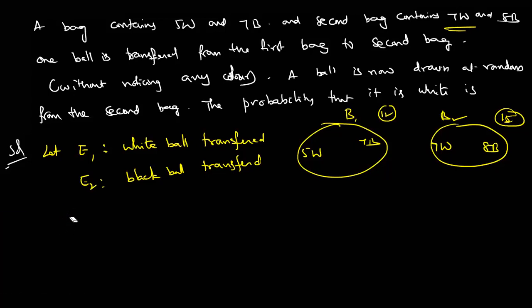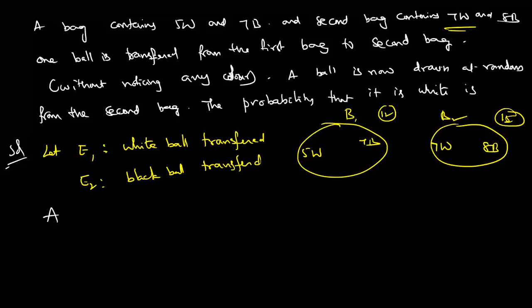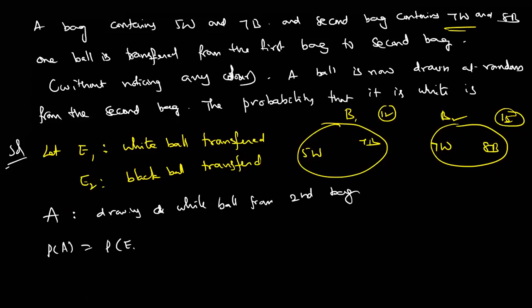Generally taking E, A. A represents what is the case here? Drawing a white ball from second bag. That is the question. See, they are asking what is P of A. What is the probability? P of A is equal to P of E1 into P of A by E1 plus P of E2 into P of A by E2.